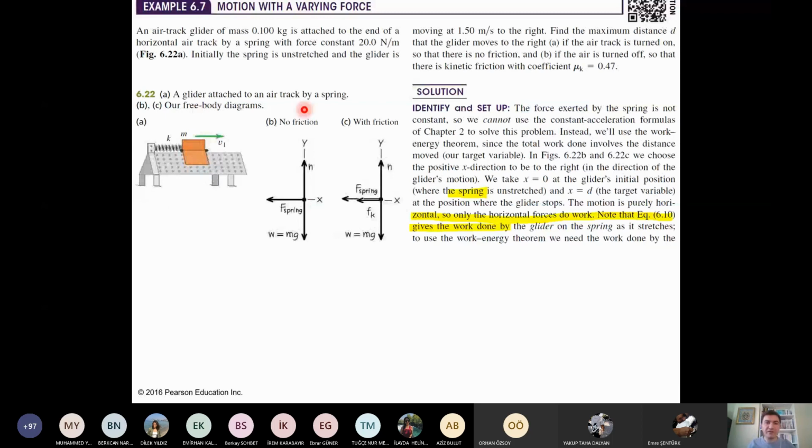And we have a spring force. Since this glider moves in this direction, it applies a force to the right side on the spring. Then the spring applies a back force in the opposite direction. So this is the force applied by the spring on the glider. Is the free body diagram clear?